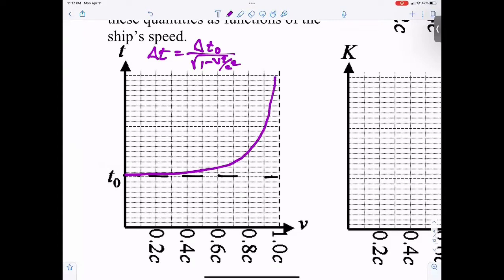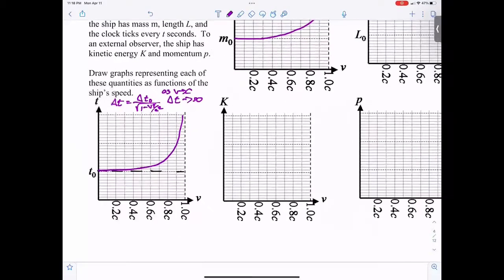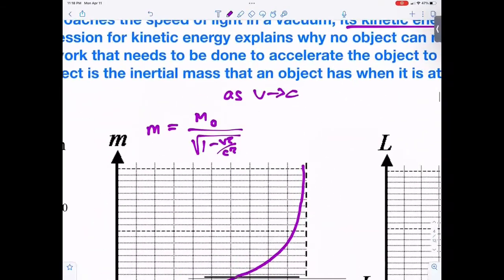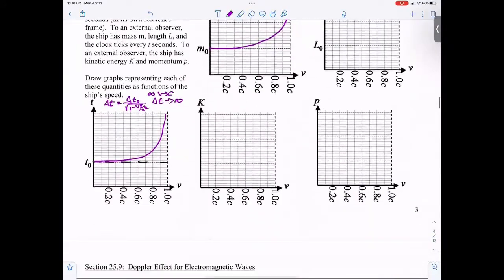As v approaches c, think about that. This becomes c squared, this becomes 1, and 1 minus 1 is 0. As v becomes c, delta t approaches infinity, and that's true for a lot of these situations. As v approaches c, mass is infinitely large.